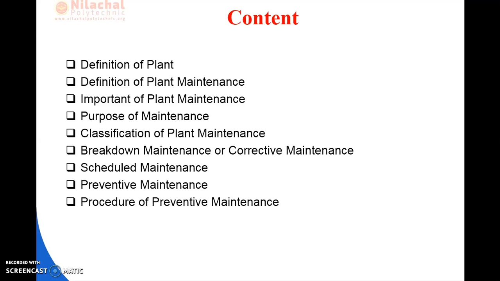Here are the contents related to plant maintenance: definition of plant maintenance, importance of maintenance, classification of plant maintenance, breakdown maintenance, schedule maintenance, preventive maintenance, and procedure of preventive maintenance.